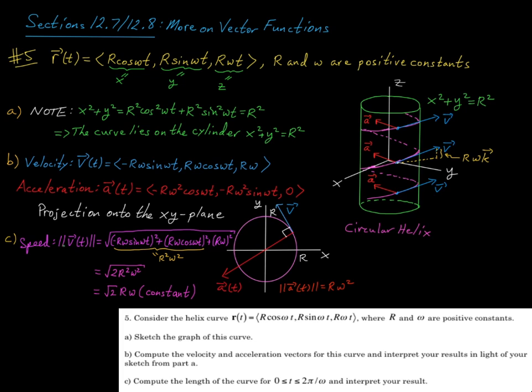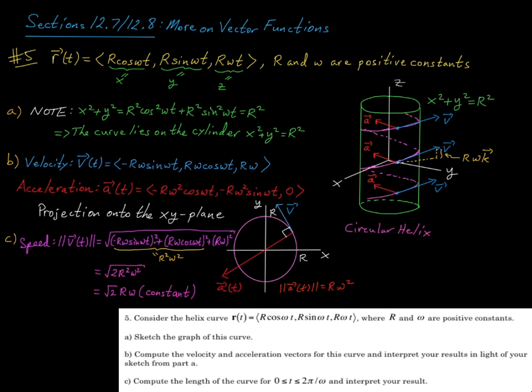So I want the magnitude of the velocity vector, so I take the square root of the sum of the squares of the components of the velocity, so negative r omega sine omega t squared plus r omega cosine omega t squared.